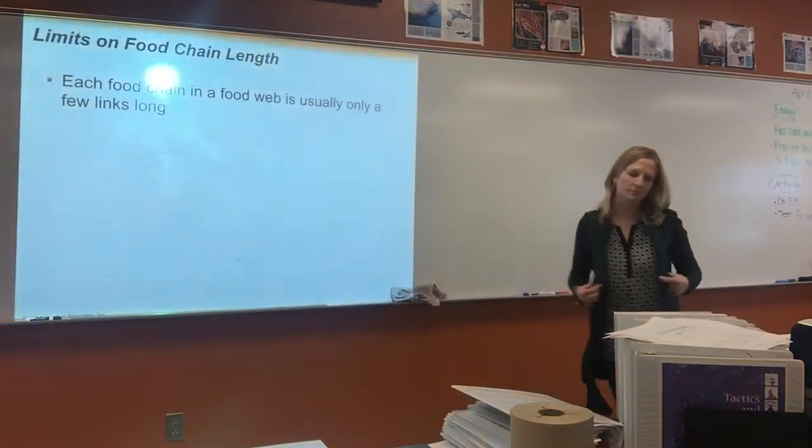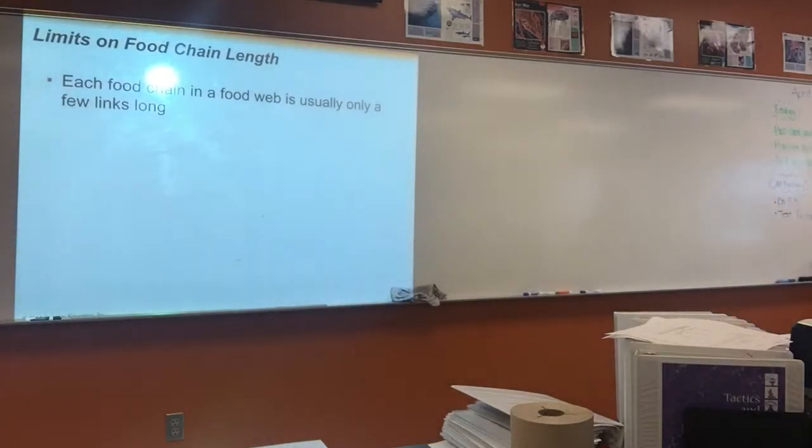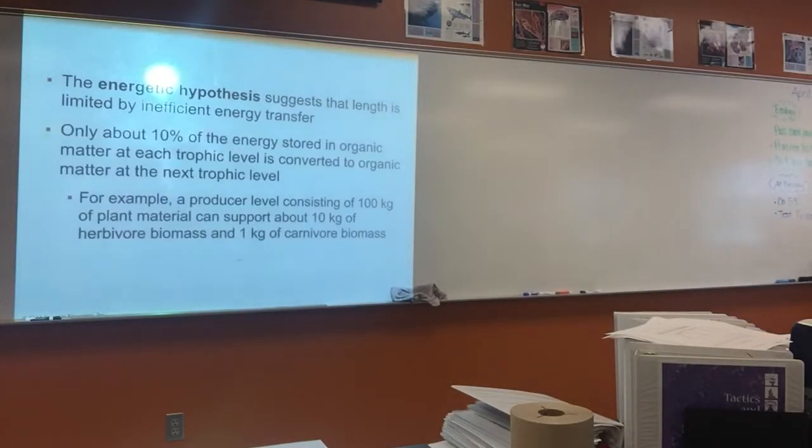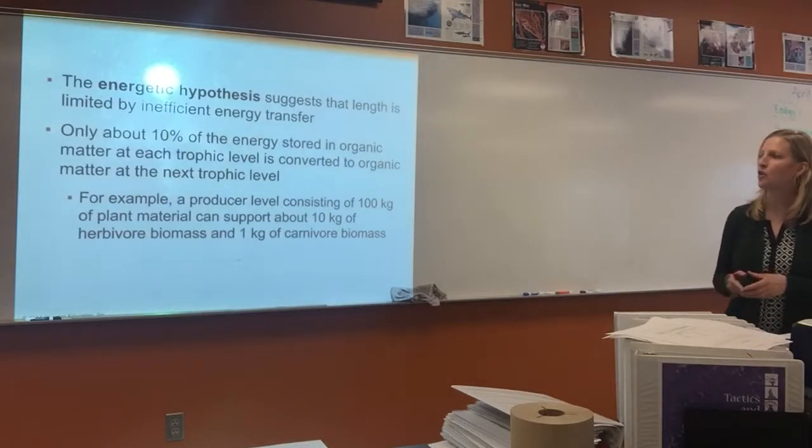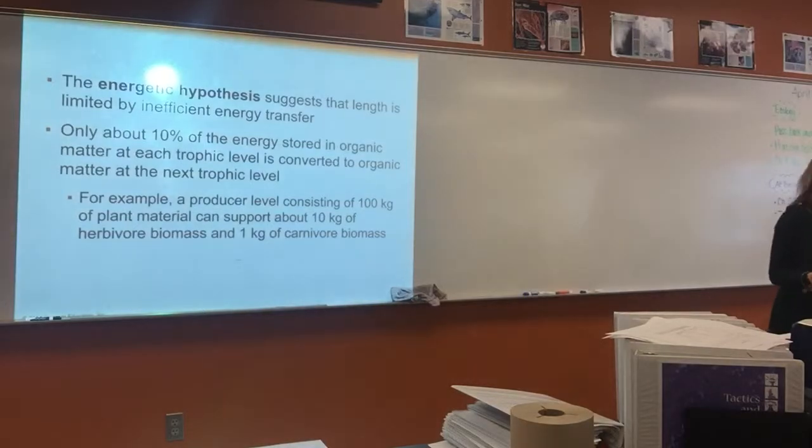All right? So why is there a limit? There are limits on the food chain. They're only a few links long. This is called the energetic hypothesis. It suggests that length is limited by inefficient energy transfer. Only 10% of the energy, that's an average.